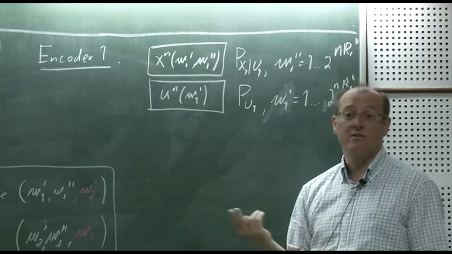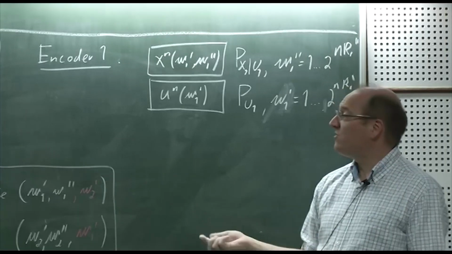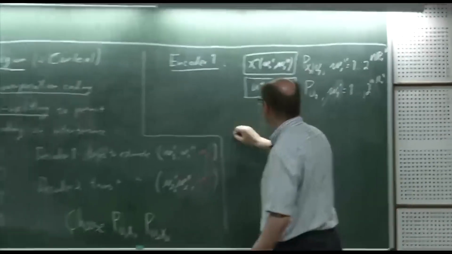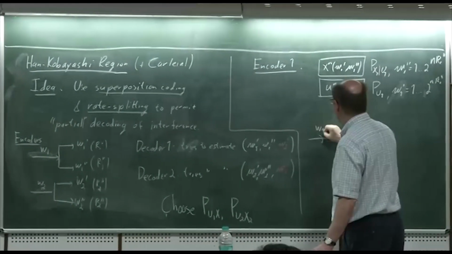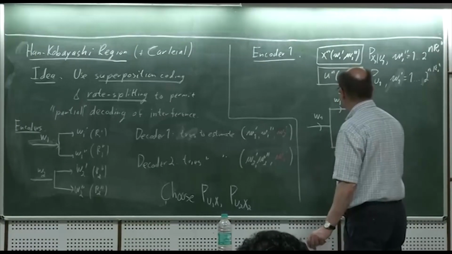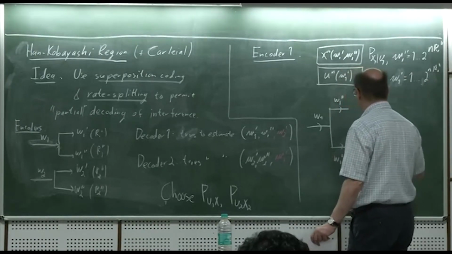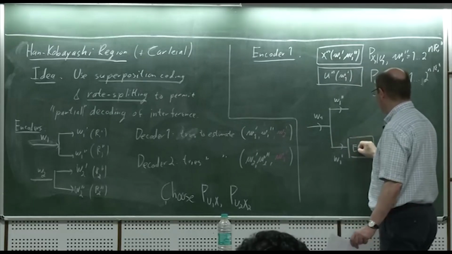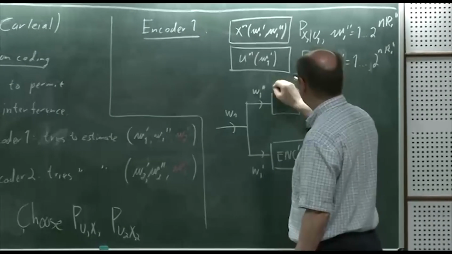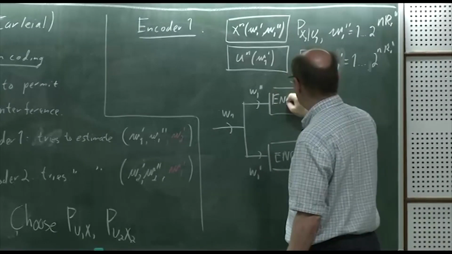And user 2 does the same thing. You could design this as described. We take W1 and split it. Here we have the first encoder, encoder 1 primed. Here we'll have a second encoder, for instance a polar code or an LDPC code, literally.